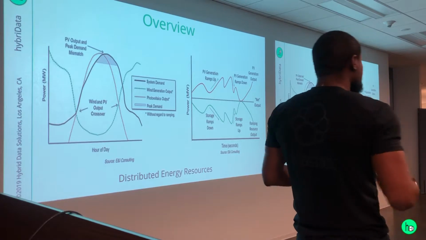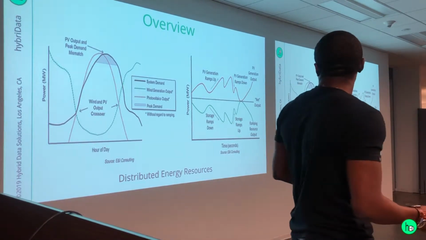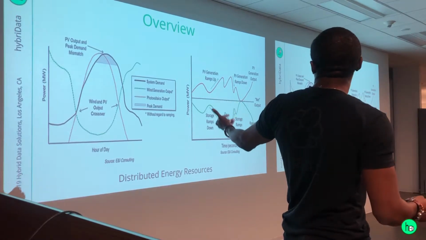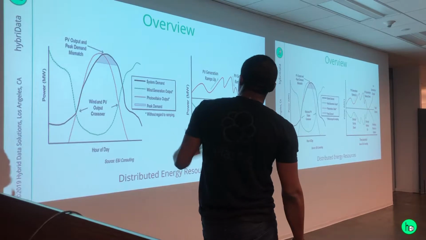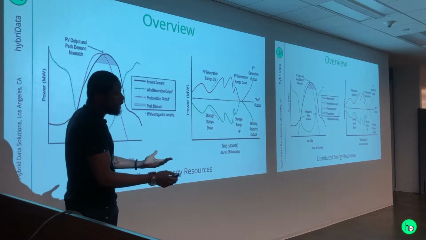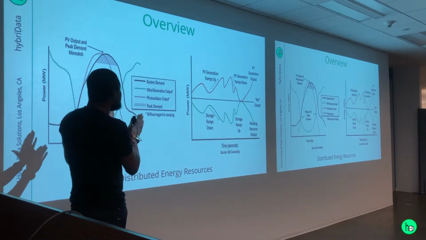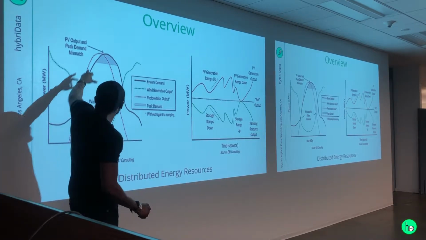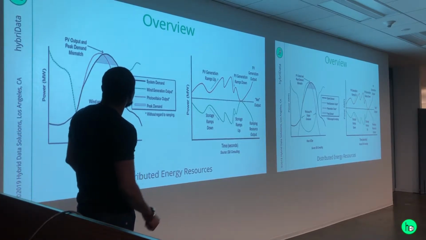Really, the push for renewable energy, why it's so great, this chart here gives us a sense of why. When you get the most power from a PV system, it's getting close to midday to the evening. That's where this red hump you can see over there comes up, right?